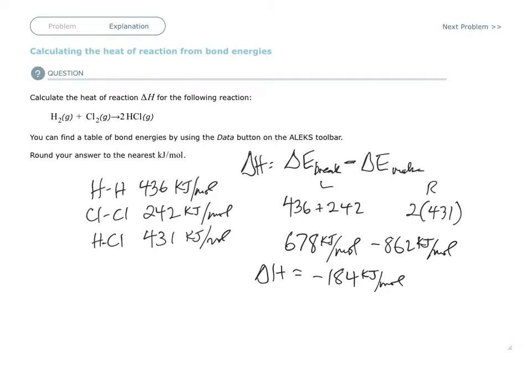So what that means is when you have a reaction that is hydrogen breaking its bonds, chlorine breaking its bonds, and then new bonds being formed for hydrogen chloride, you're going to get energy back. It's going to be an exothermic reaction, fully exothermic reaction. On the left, it's just adding energy.